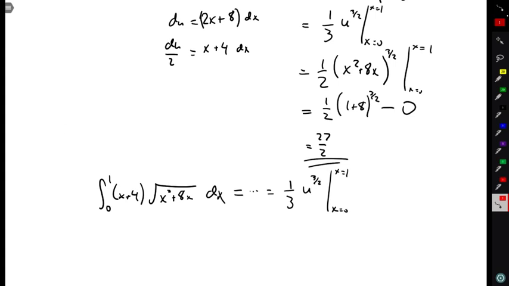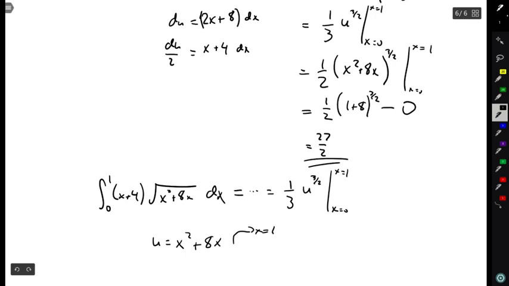So in order to do that, I'm going to think about the fact that I have this u here equal to x squared plus 8x. And that's going to tell me that when x equals 1, or let's start with x equals 0, when x equals 0, I'm thinking about u equals 0. And when x equals 1, I'm thinking about u being 9.